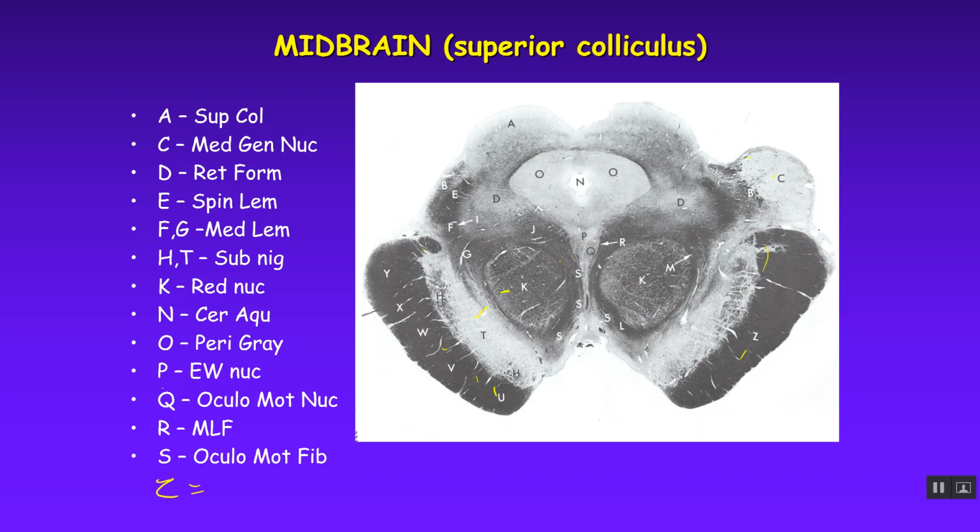P, let's do Q first. Q is the oculomotor nuclei, cranial nerve number 3. S is the little fibers. These are the cranial nerve number 3 fibers that come right here, and they come out of the interpeduncular fossa. This is the interpeduncular fossa right here between the two peduncles.